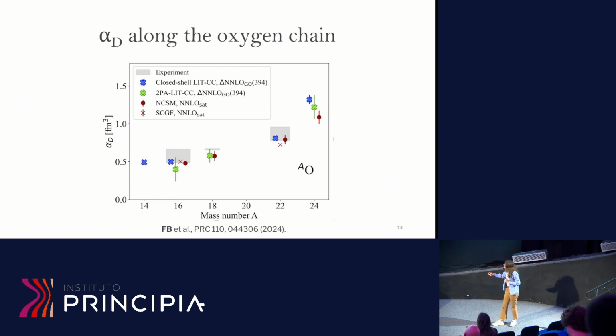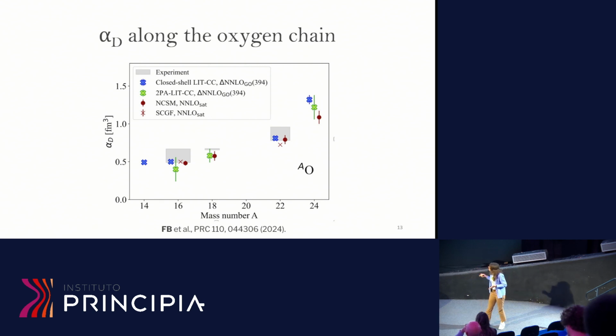The cases of oxygen 16 and oxygen 24 are particularly interesting because in this case we can perform both calculations, closed shell and two-particle attached, and we obtain compatible results.